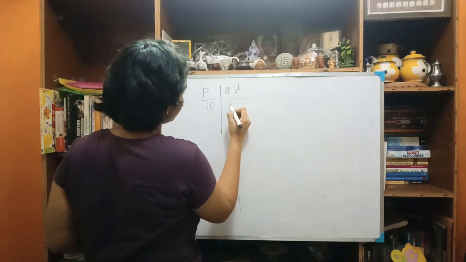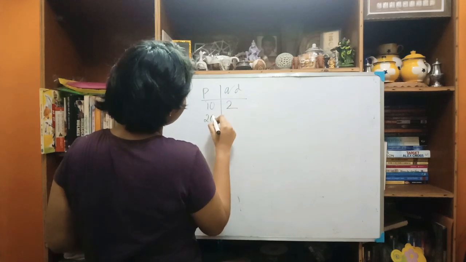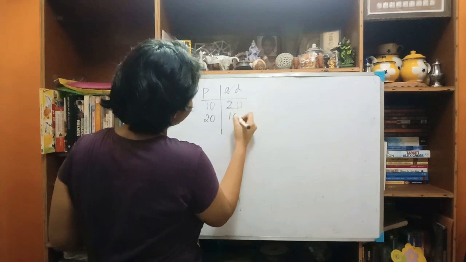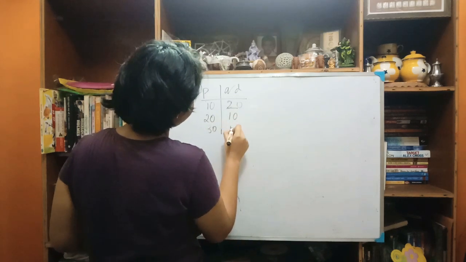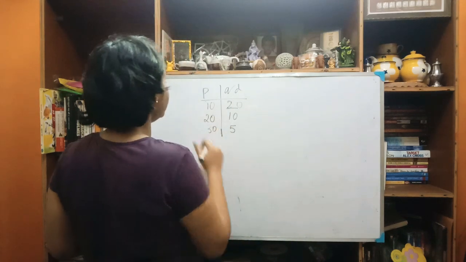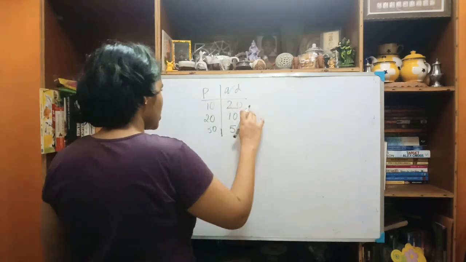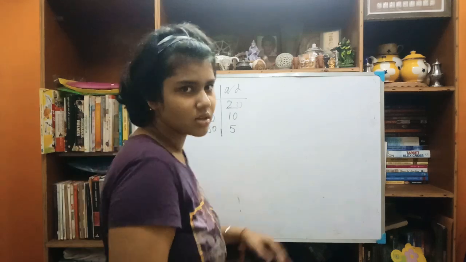So, 10, 20, 20, 10, 35. This is the demand schedule. See, this is the price, this is the quantity demanded. This is the tabular representation of the various possible quantities of a commodity that can be bought at various possible prices.